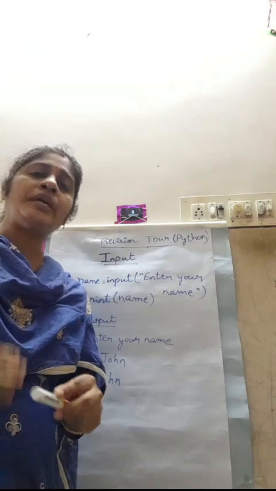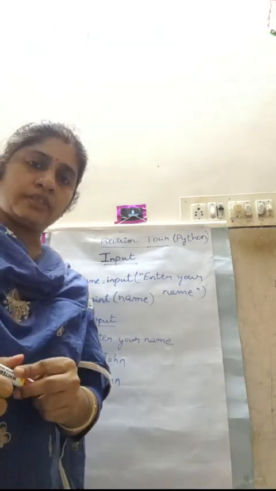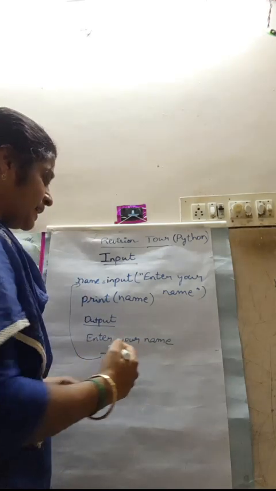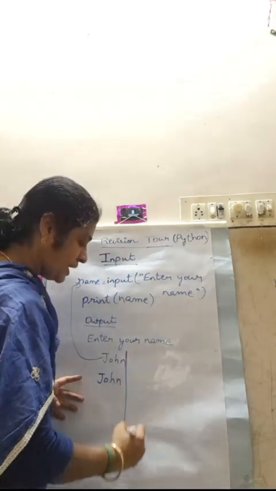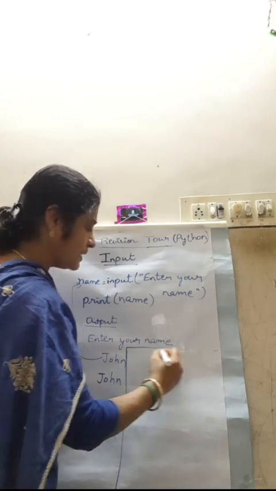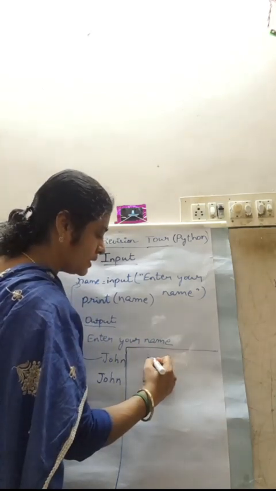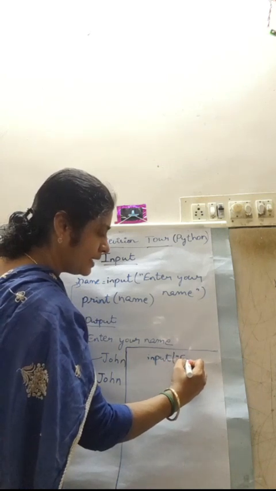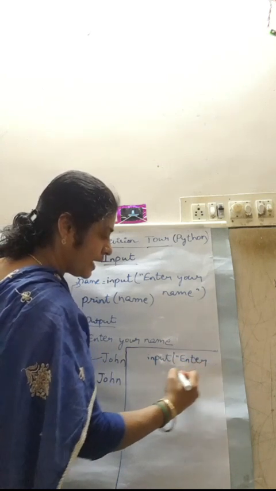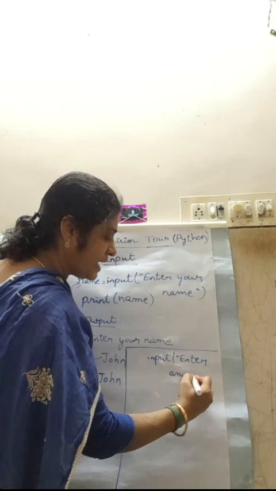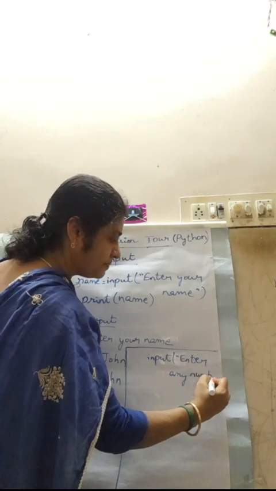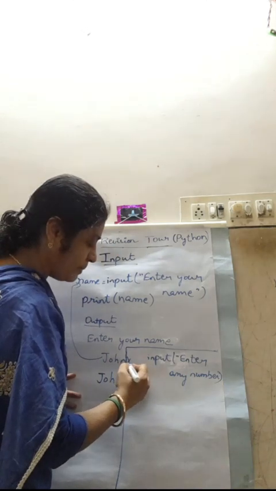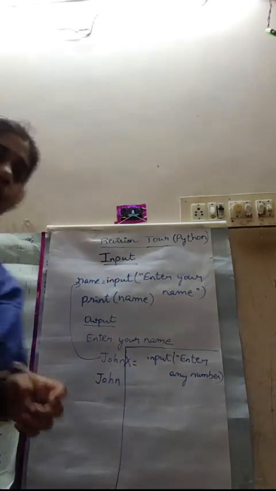Suppose if I want to take a number from the user, how will you take a number from the user? For that, the same input statement only I am using. I just write input, enter any number, that I'm storing in variable X. Now will this work?